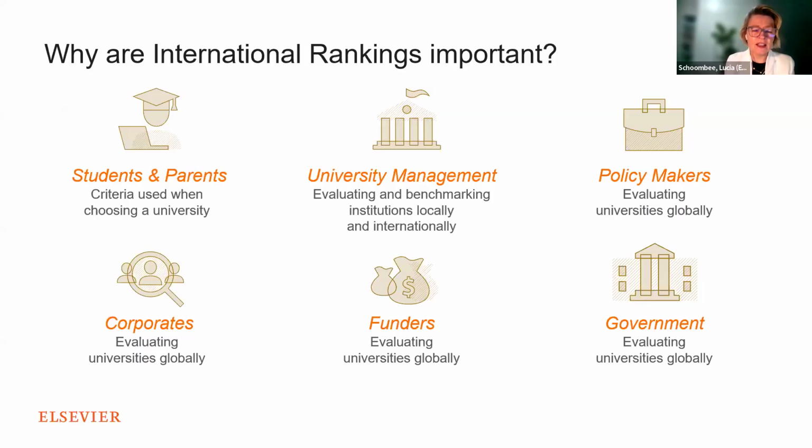So in that sense, international rankings are very important because they give that universal standard, and they are used by different stakeholders. Students use them to choose where to study. Corporations rely on them to identify research partners and talent.